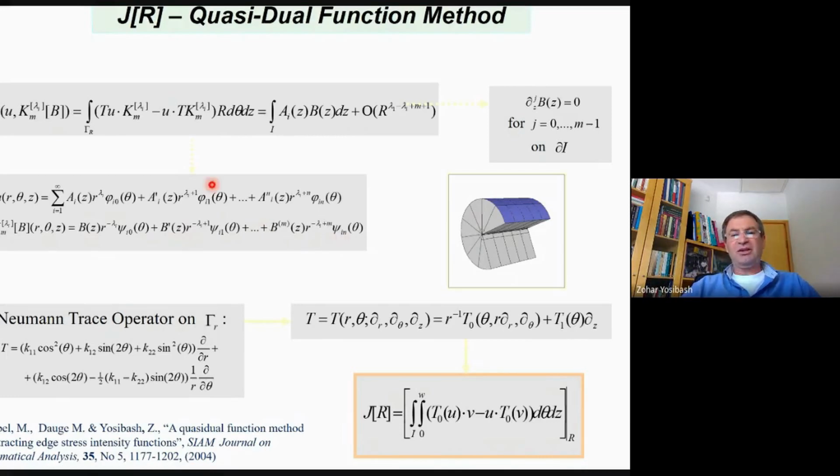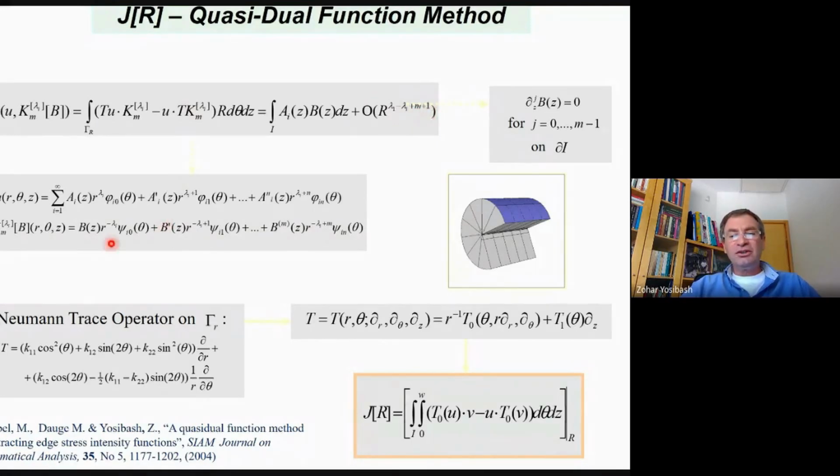Why is it? Because when we compute this integral, again, over this surface, the more terms will be taken here, the higher the m will be. You see m here? The more you take, the higher will be the m. We always have a remainder in this integral, and the remainder is r to the power of lambda 1 minus lambda I plus m plus 1.